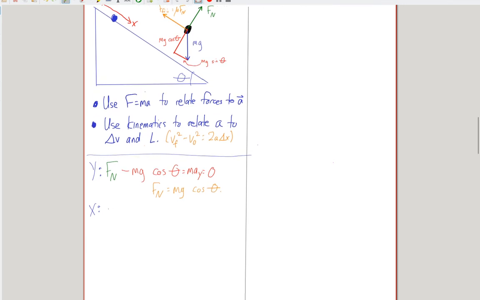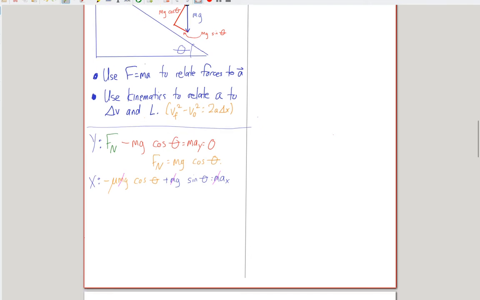So that tells me that friction goes back up the ramp, so minus mu mg cosine theta plus mg sine theta equals max. And all of the m's cancel. So I get an expression for ax here. So now I have my relationship between acceleration and the coefficient of friction.